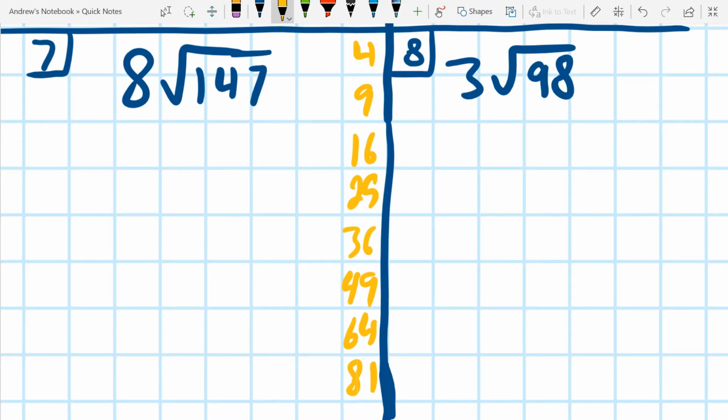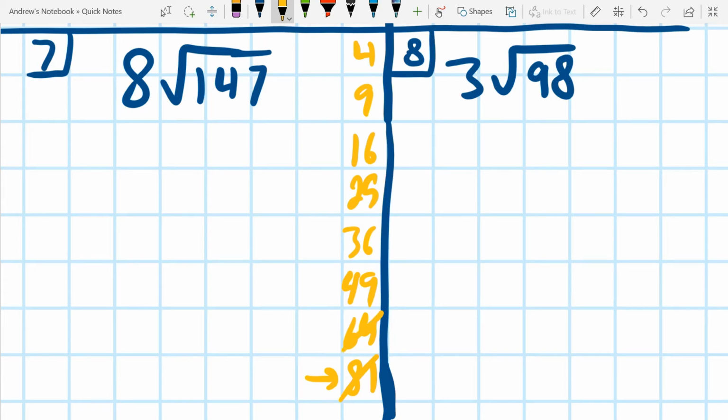Well, none of those are exactly 147, but do any of them factor in? So I start to eliminate. I do 147, and I look at the biggest number I can think of. Does 81 divide into 147? If I do my division, it doesn't work. It comes out to a decimal.